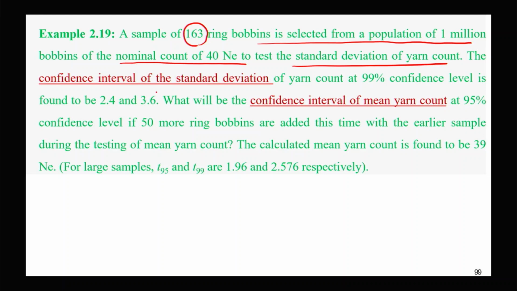The confidence interval of the standard deviation of yarn count at 99% confidence level is found to be 2.4 and 3.6.